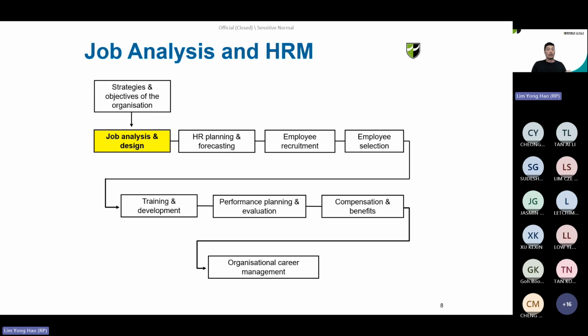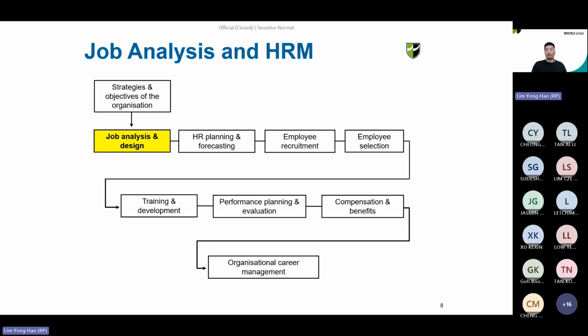So if you are seeing this for the first time, this is sort of the life cycle of HR. Similarly driven by strategies at the organization level, then you understand the job, design the job, then use that information to do some form of planning and forecasting, then of course recruitment and selection. So these are the usual functions that HR will do.